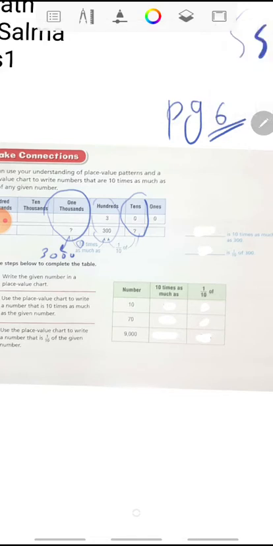If you move it to the tens digit, you have to divide it by 10. Why? Because this digit is smaller than the hundreds by 10. So it will be 1 over 10 of 300. That means you remove one 0 from here. It will be 30.